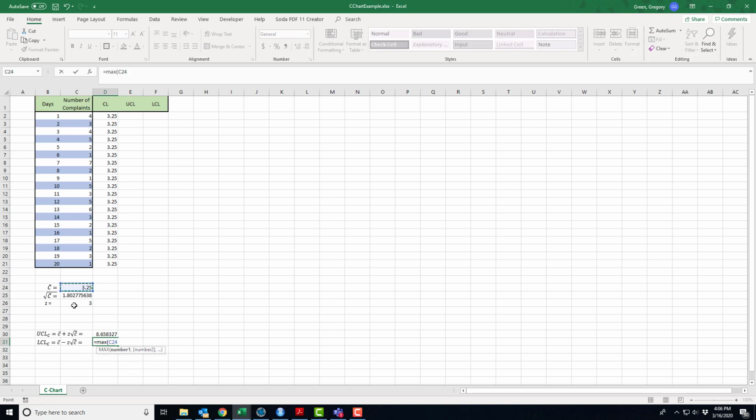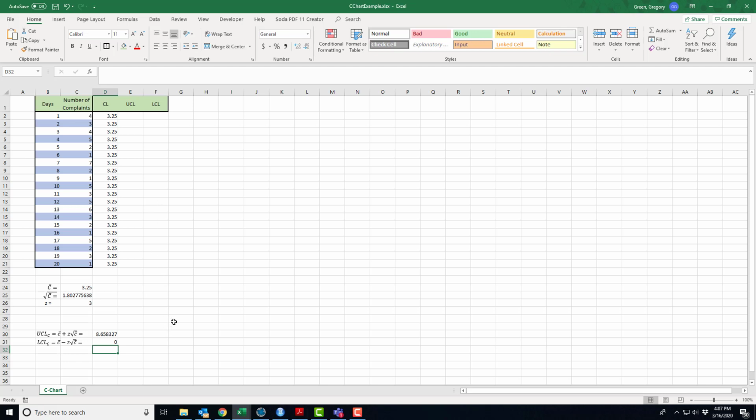So I have c bar minus the number of deviations, which is 3, times the standard deviation. So my max function, I see I didn't put the other side of the function in there, tells me that my lower control limit should be 0.